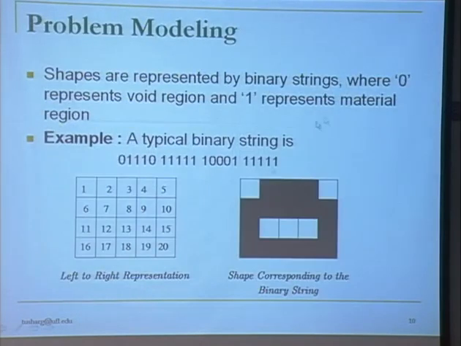Like if I consider this case, I have a typical binary string like this, and if I put the values here, like this 1 will take 0, 2 will take 1, 1, 1, 0 and so on. So for this string, I get a shape like this. Same way I can represent my bicycle frame, the string size will be different.